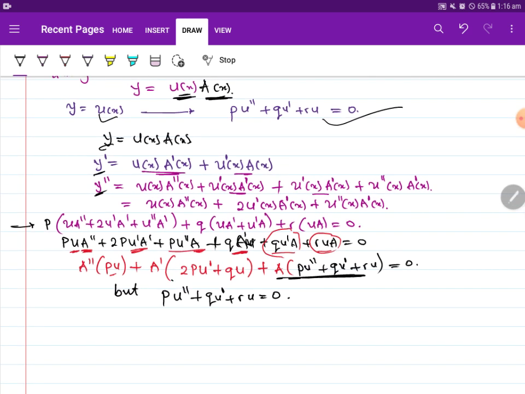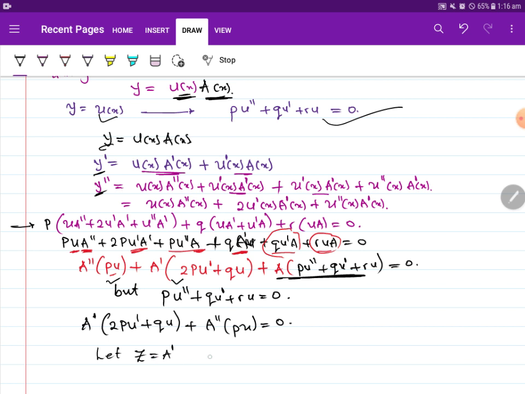Since this part is equal to 0, I'll be left with this and this, which is the same thing as a prime of 2 p u prime plus q u, plus a prime prime of p u is equal to 0. So at this point we say let z be equal to what? a prime.